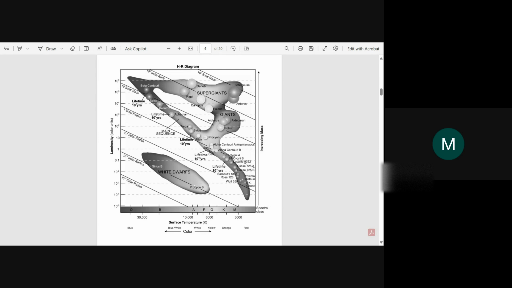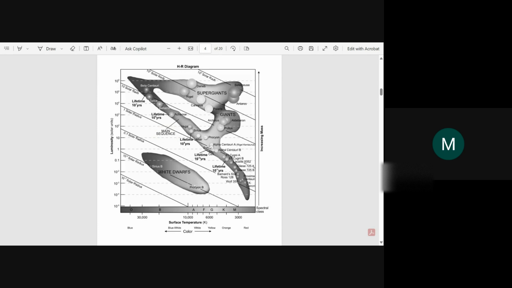Okay, so for example, we have the stages of the stars. You have your main sequence stars, right? Your main sequence stars are basically your average stars that have a fairly long life and eventually transition into the next stages.